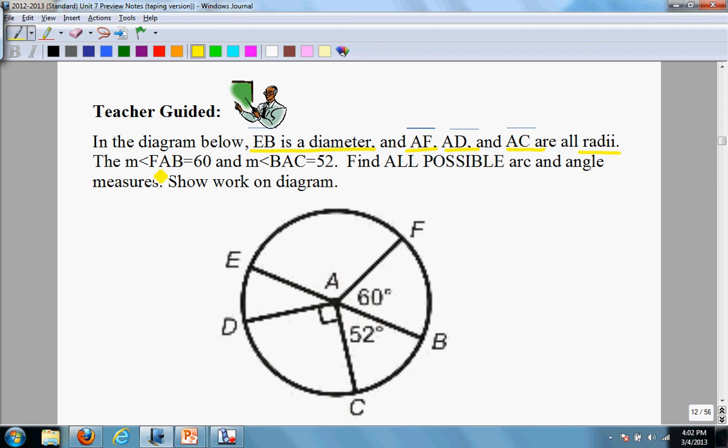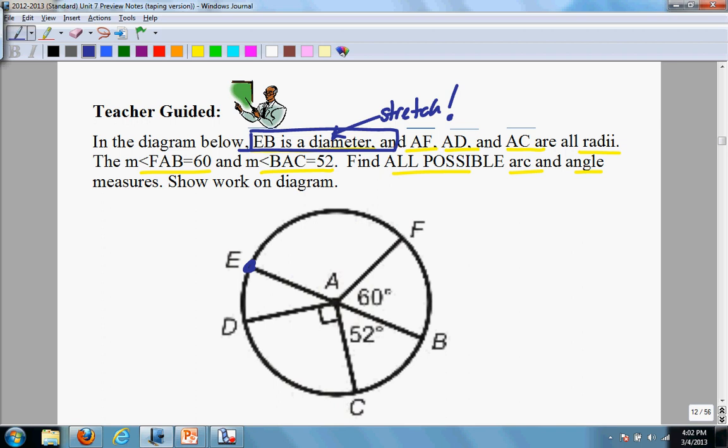The measure of angle FAB is 60, and BAC is 62. Find all possible arc and angle measures. Okay, let's start with something simple. EB is a diameter. Whenever you see that word diameter, I want you to write this word: stretch. When you see diameters, I want you to stretch them out.